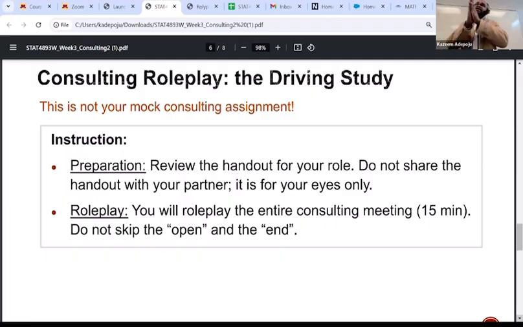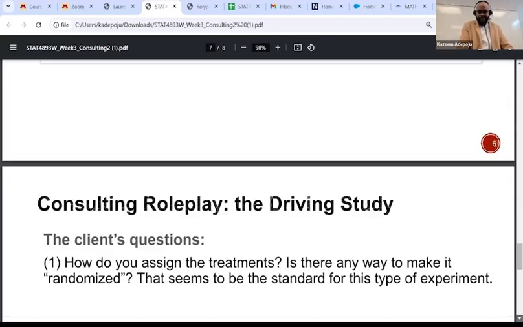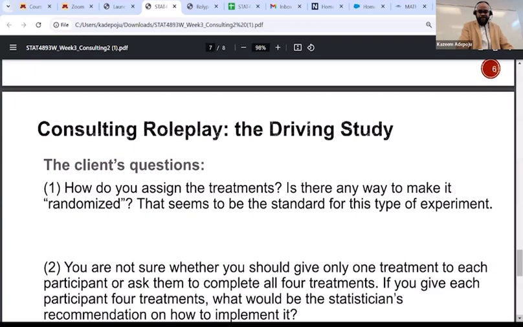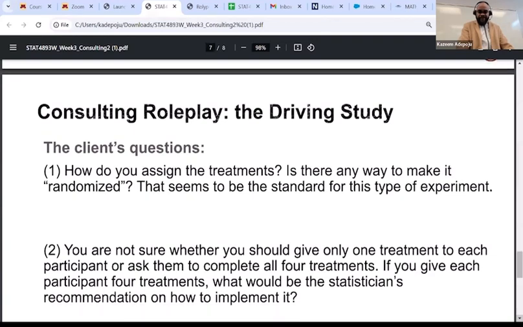You remember the other time we talked about power, right? POWER. Make sure you incorporate that into your consulting practice training. Now, consulting role play, the driving study.